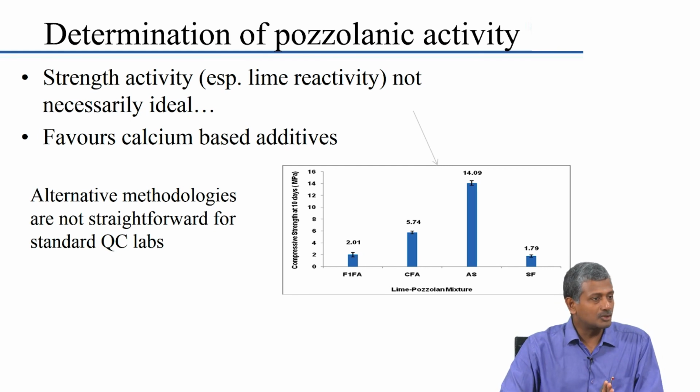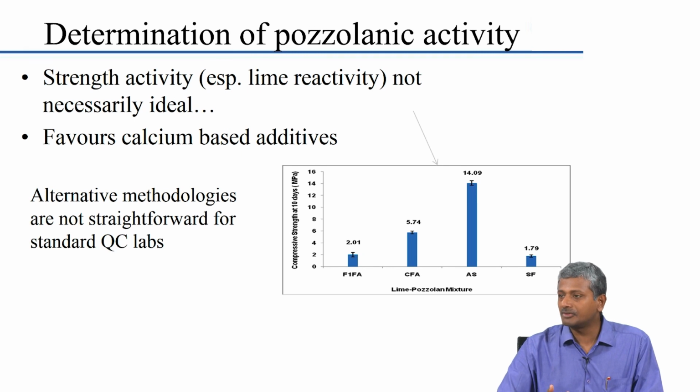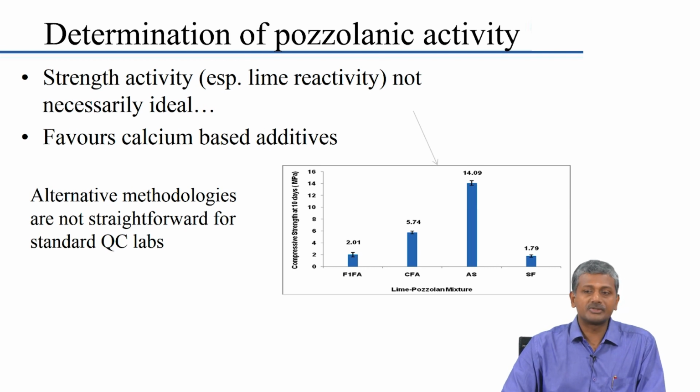We talked about this earlier, that you are simply mixing your pozzolan with lime, adding water and simply exposing it to a high temperature with the hope to accelerate the process, but you do not have the kind of alkalis or sulfates that are contributed in cementitious materials. Okay.